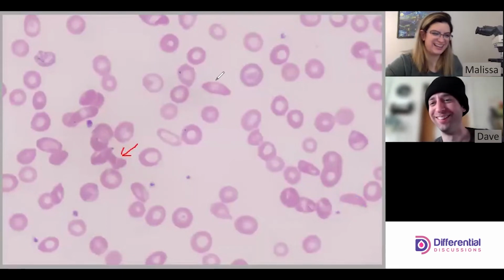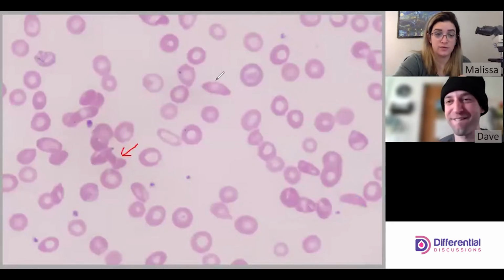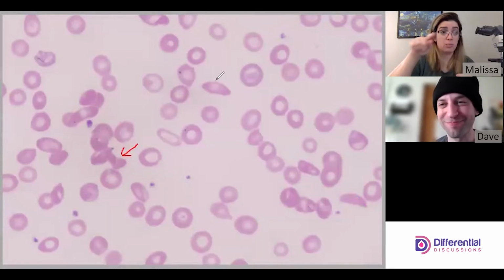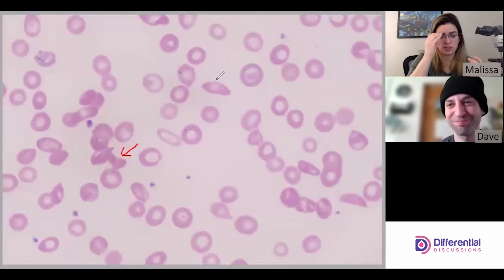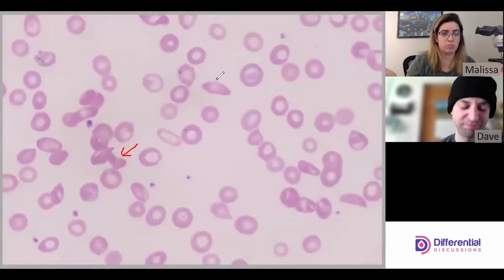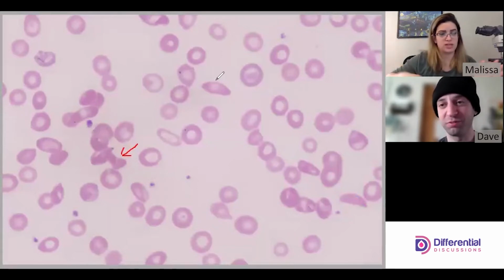I think one of the important things, especially for newer techs and for students, is that when they think of sickle cell, they expect every sickle cell to be a perfect sickle shape with pointed edges, and a lot of times they aren't. Especially once patients undergo treatment, the edges get blunted and it looks less like a sickle and more like an ellipto-ovalocyte, or even like a hemoglobin SC crystal, which there'll be a separate video on.